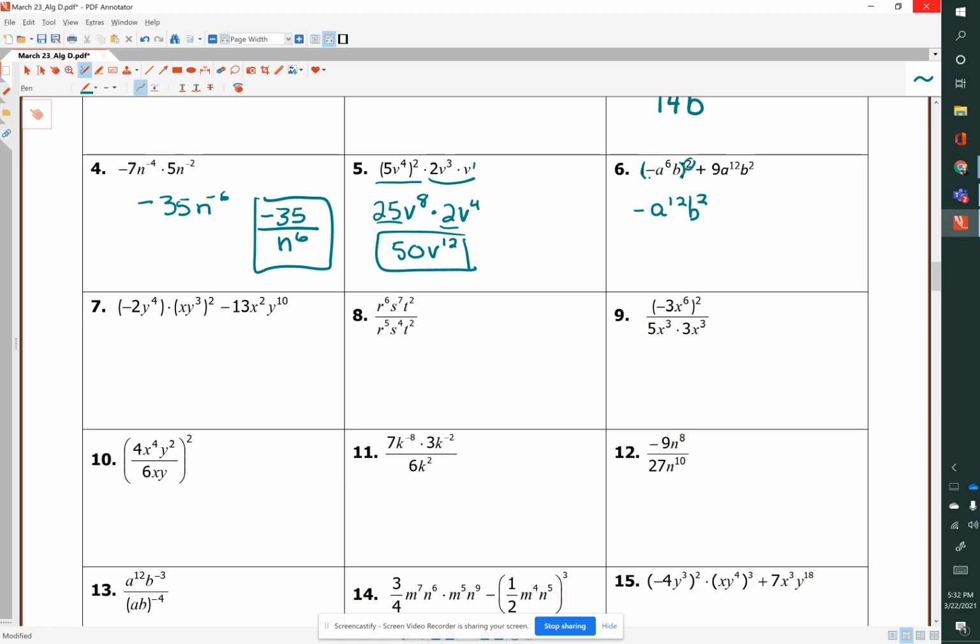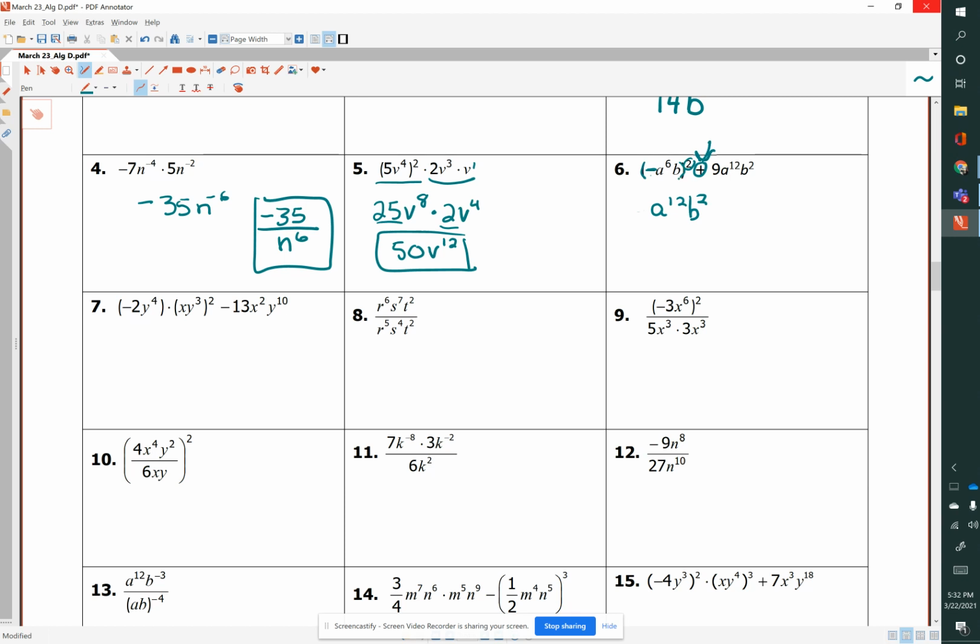The a is in parentheses, so a negative times a negative is a positive, so that negative goes away. Okay, so negative a to the 12th, that's an even exponent. So this negative will become positive. So we have a to the 12th, b to the second power.